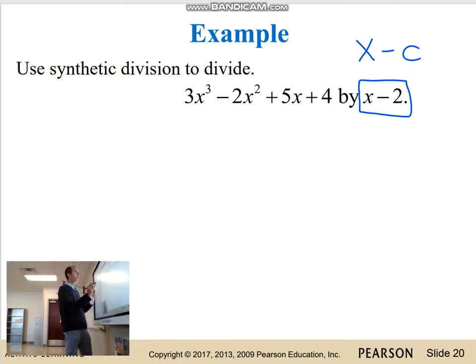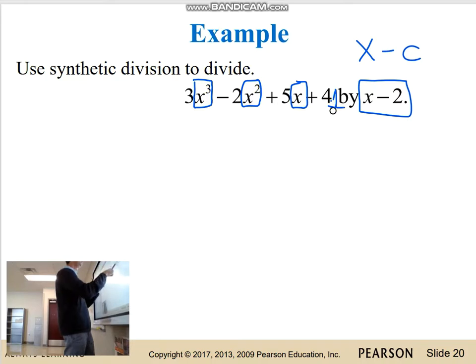To work synthetic division, you need to have all the orders. You have the variables and you need to have all the orders: x cubed, x squared, x to the 1, and x to the 0, which is 4 times 1.